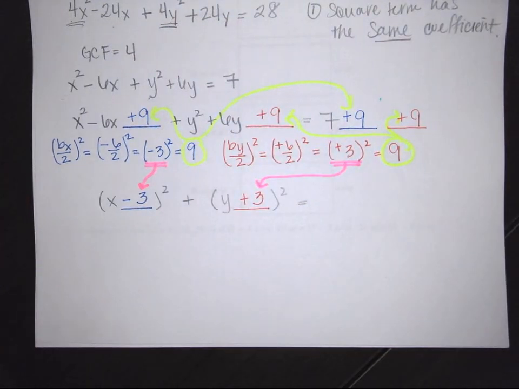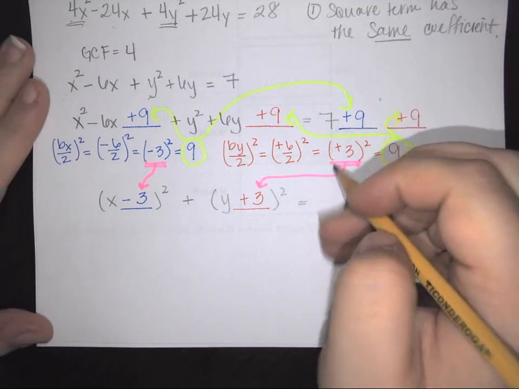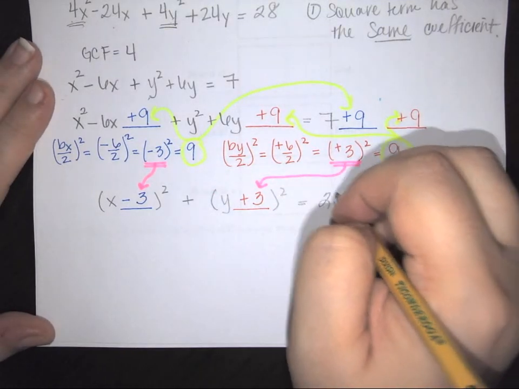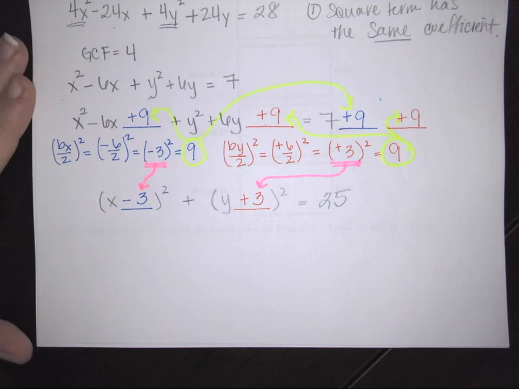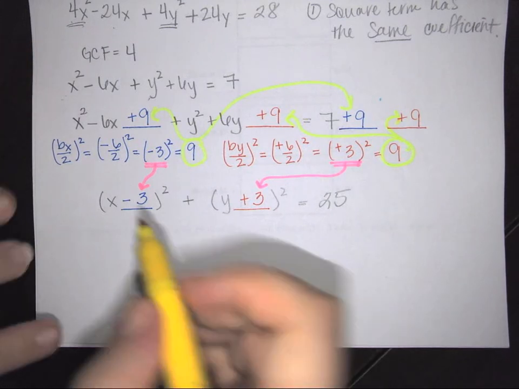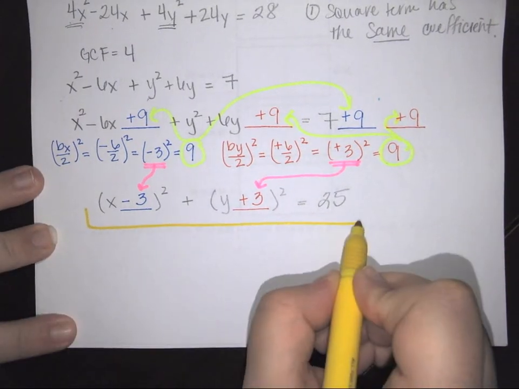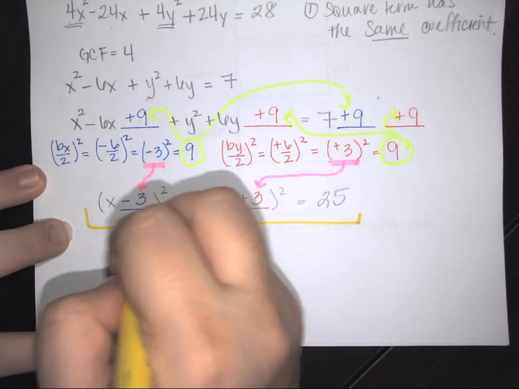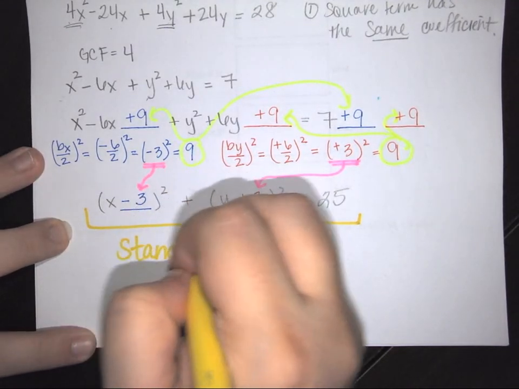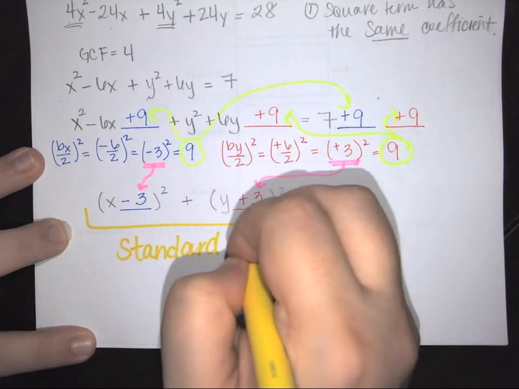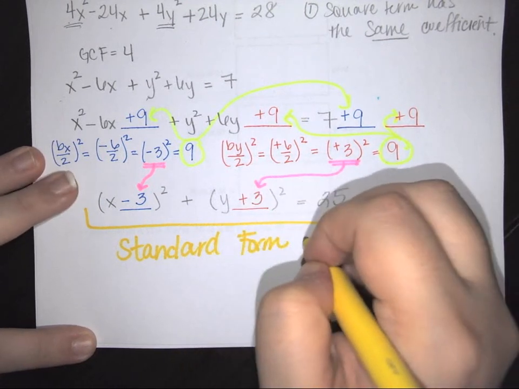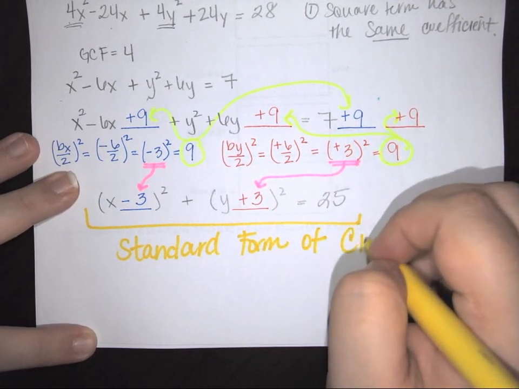Now the last thing that we need to do is add up. So we have our 7 plus 9 plus 9, and that's going to give us 25. So here what we have is the standard form of a circle.